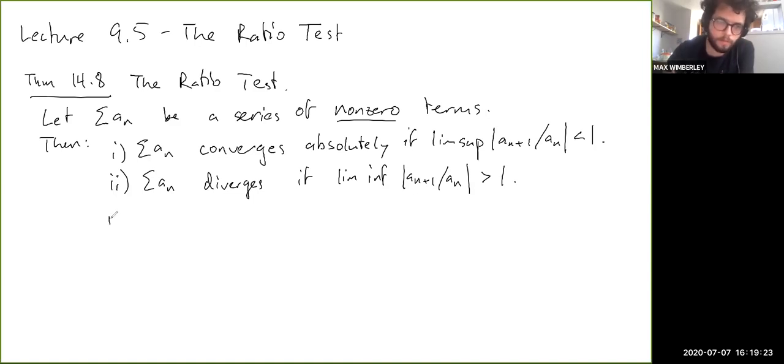And otherwise, sorry, this is the case that deals with all other possibilities. When we say otherwise, that's equivalent to saying that the lim inf is less than or equal to 1, and the lim sup is greater than or equal to 1.